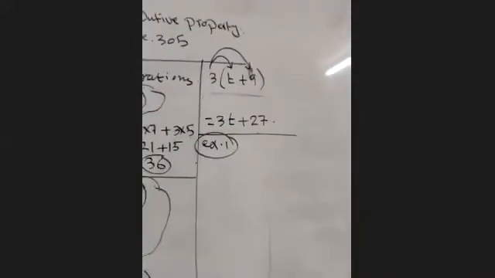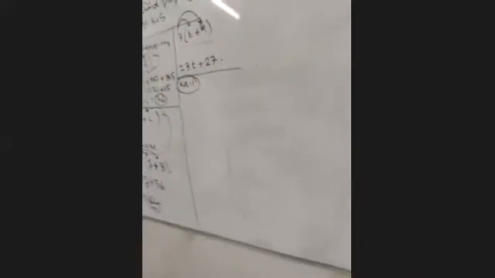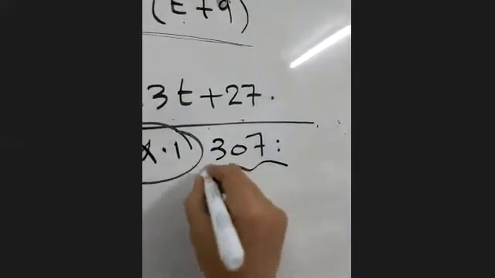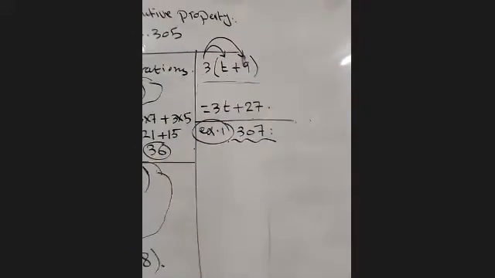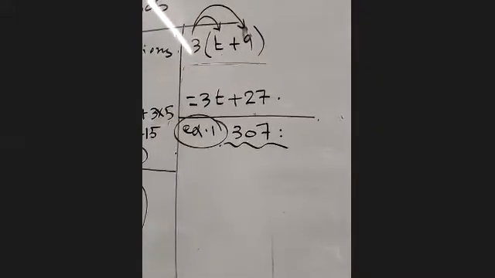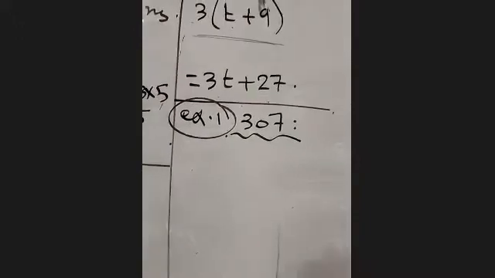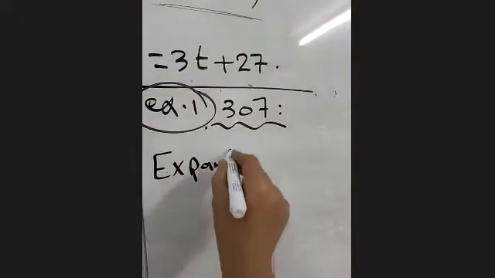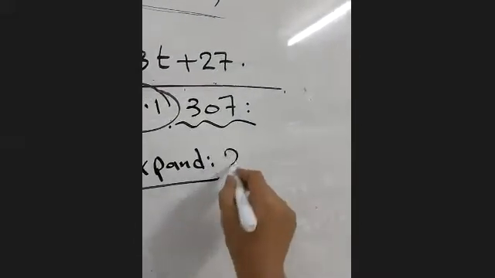Yalla. Example 1 now, page 307, all of you. Example 1, page 307. Please go with Ahmed there. Yalla. Read, Ahmed. Use the distributive property to expand 2 times the bracket x plus 3.